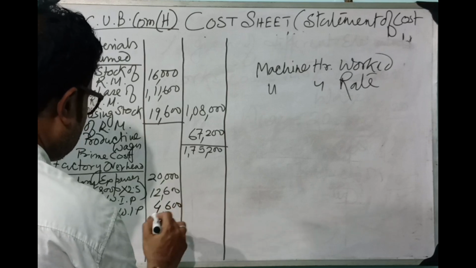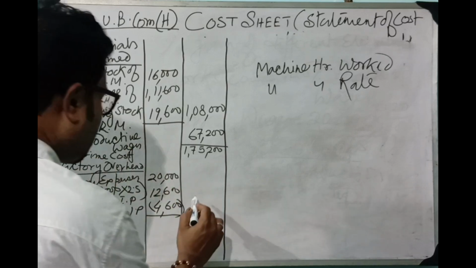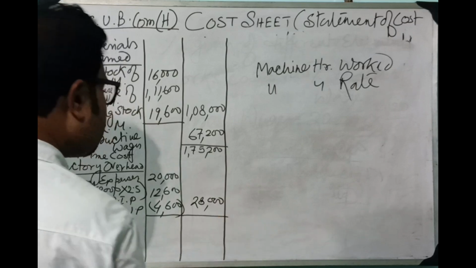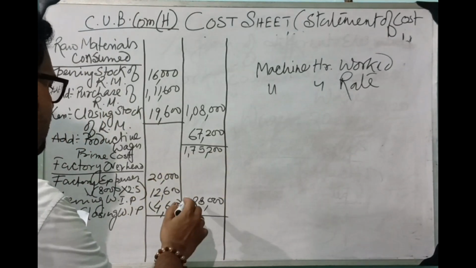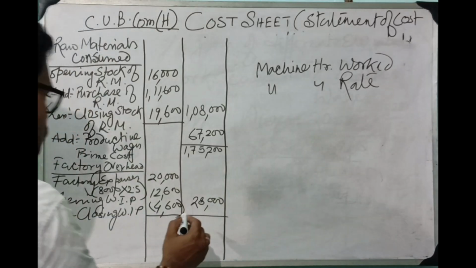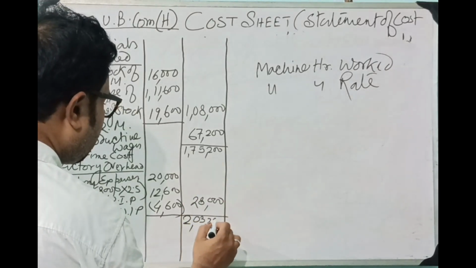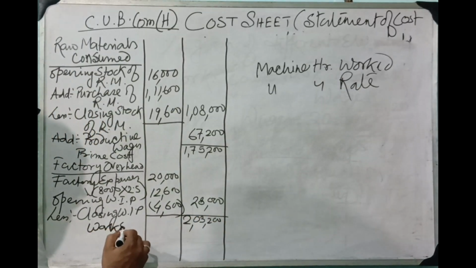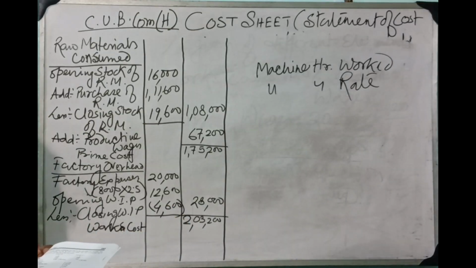Look at the board. 12,600 minus 4,600 is 8,000. 20,000 plus 8,000 equals 28,000, isn't it? After adding this, how much are we getting? 1,75,200 plus 28,000. It will be 2,03,200. That is our works cost. Got it?